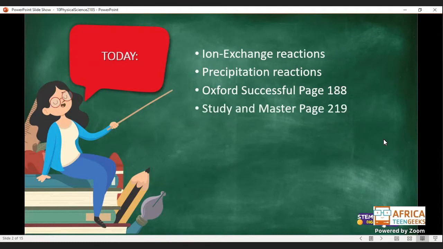If you are using the Study and Master, someone corrected me yesterday because I thought Study and Master was like 216 for yesterday's, and someone said, no, we're looking more at like 270. So I have a suspicion that precipitation reactions is going to be somewhere on page 219. Might be a little bit before that, might be a little bit after that. You guys know, if you see it in your textbook, remind me, tell me where it is. I make a note and I correct the slide going forward.